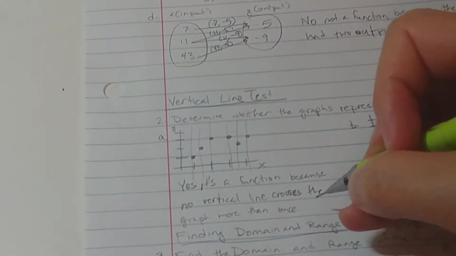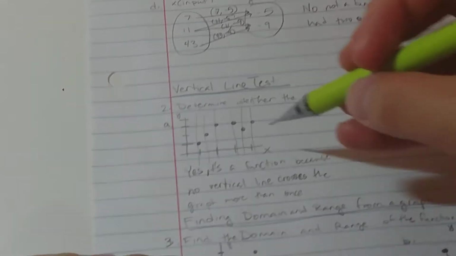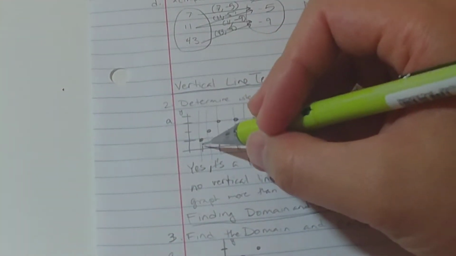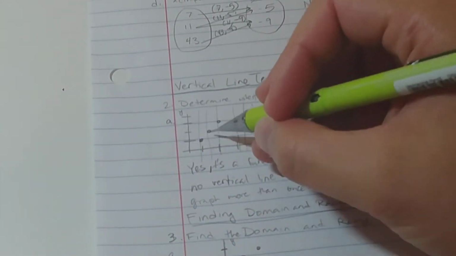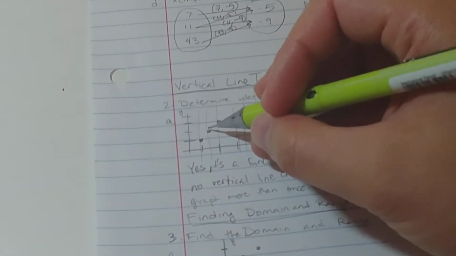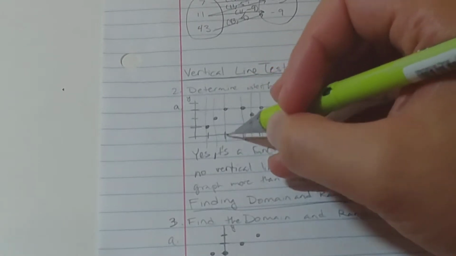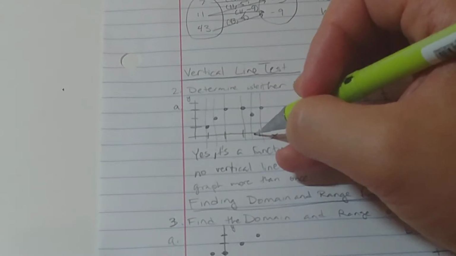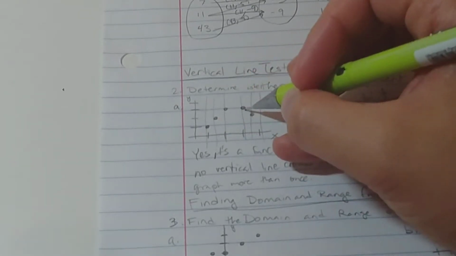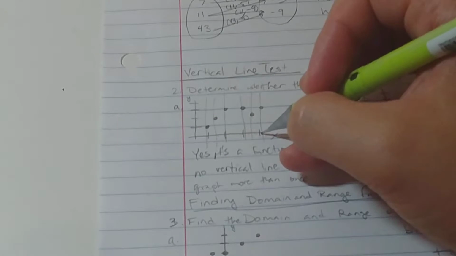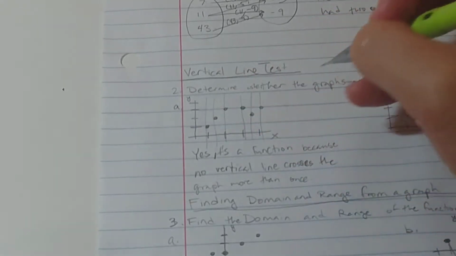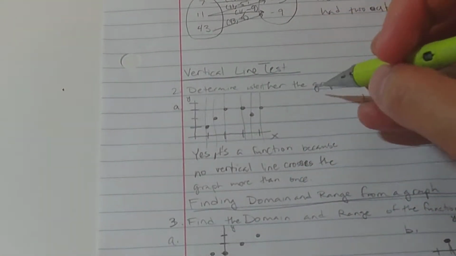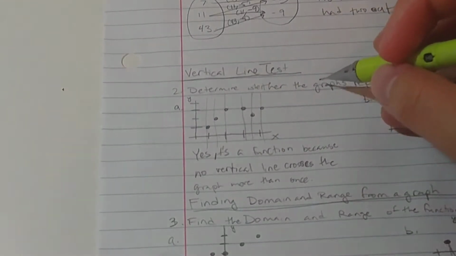But technically, each input has one output, okay? So this is (1, 1), (1.5, 2), (2, 3), (3, 3), (3.5, 2), and (4, 3). A lot of repeating outputs, but no repeating input.